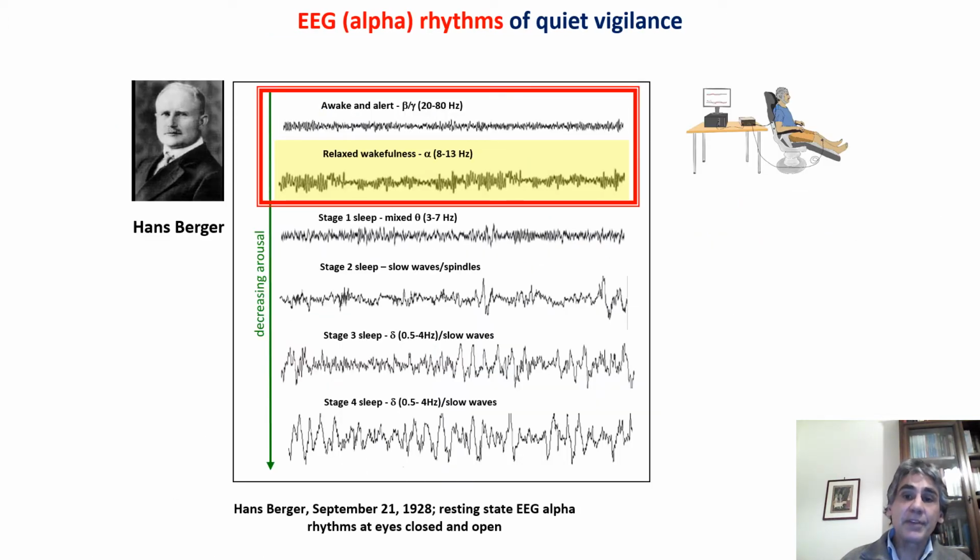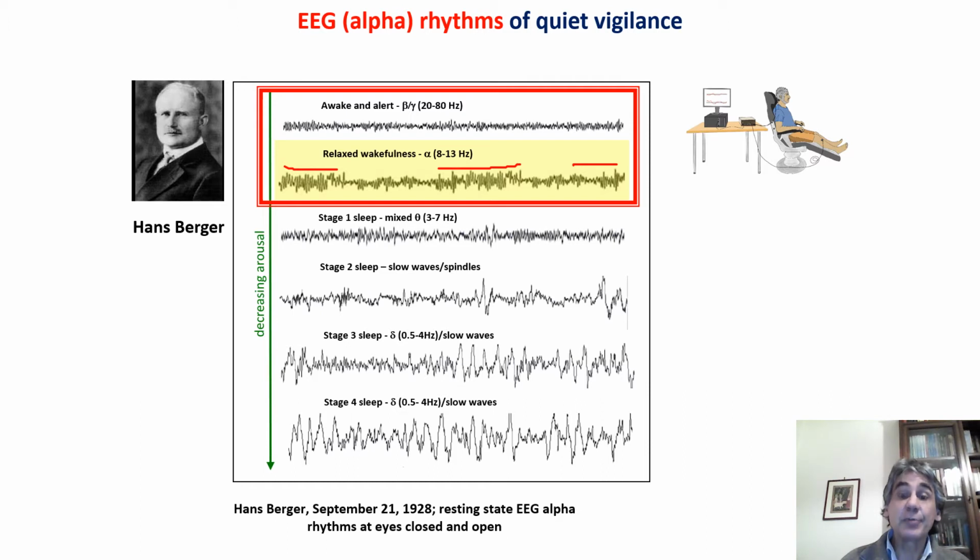EEG alpha rhythms of quiet vigilance were introduced by Hans Berger in the beginning of the last century. You can see in the red framework the EEG activity recorded during eyes closed resting state condition. You can see the alpha rhythms, ample oscillations in the posterior areas at the frequency of about 10 Hz.